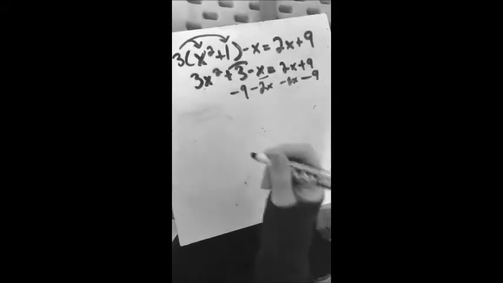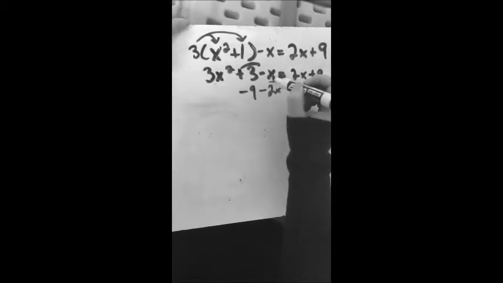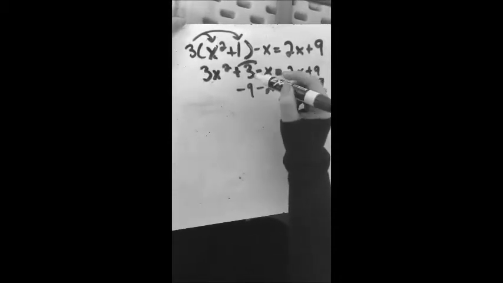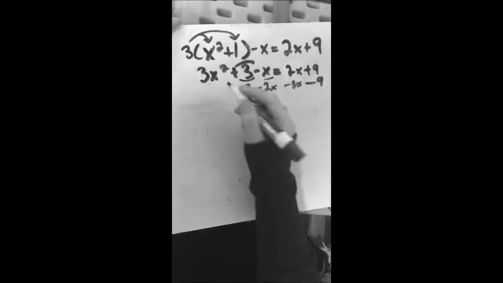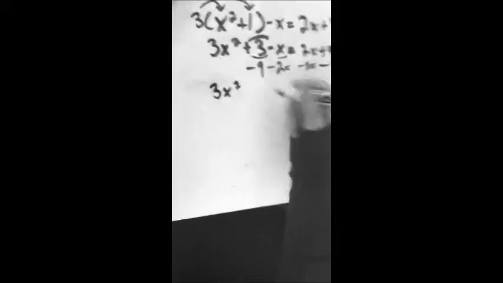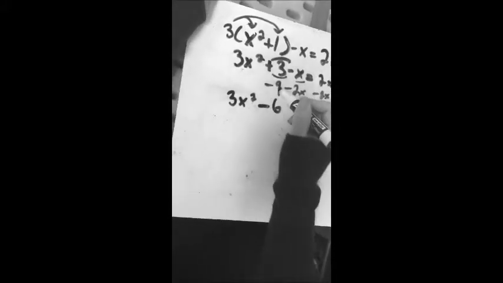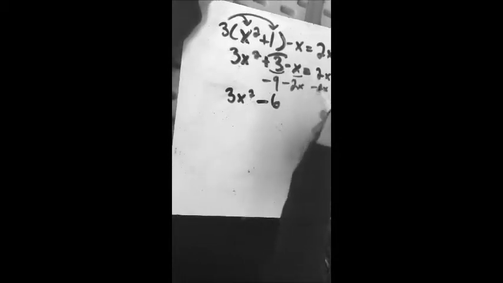Okay, now to make the equation in standard form, we're going to add the 2x with the x and subtract 3 from the negative 9. And that will be 3x squared minus 6, because negative 9 plus 3 is negative 6.